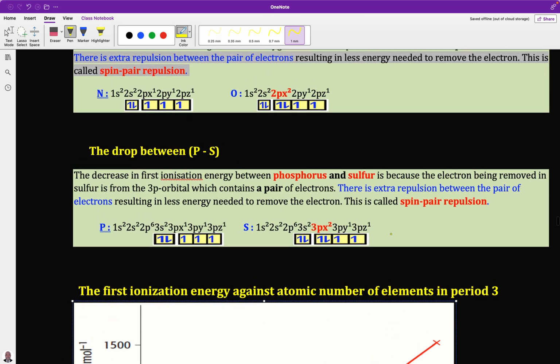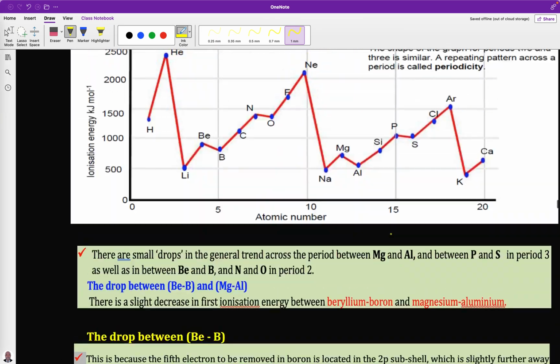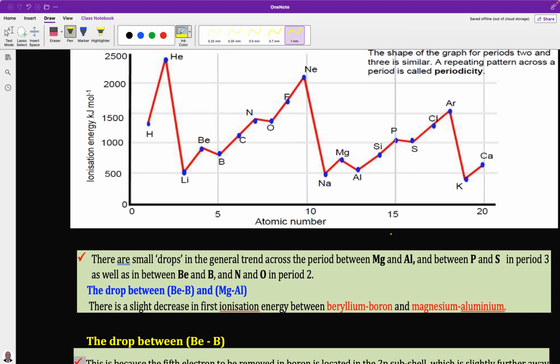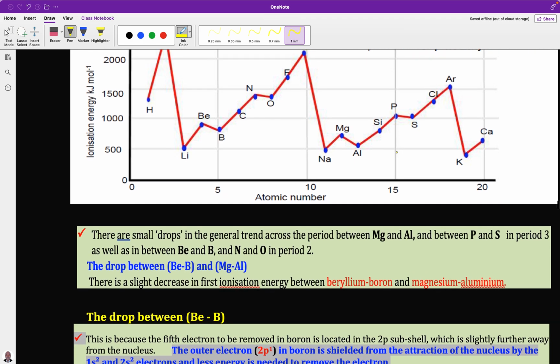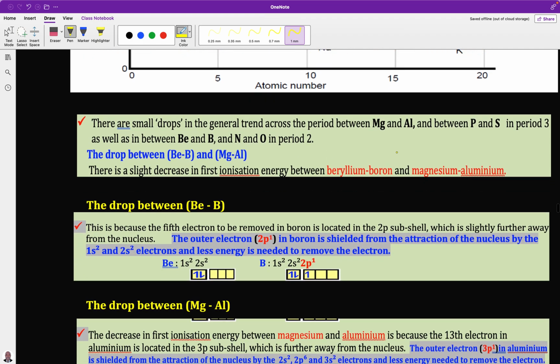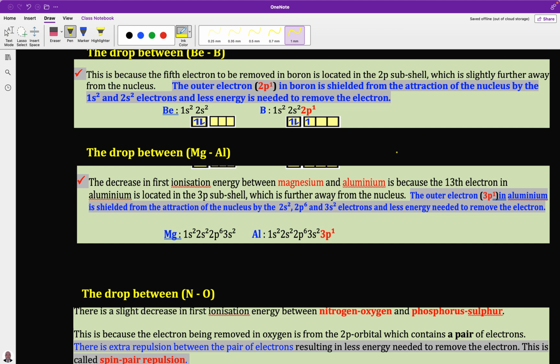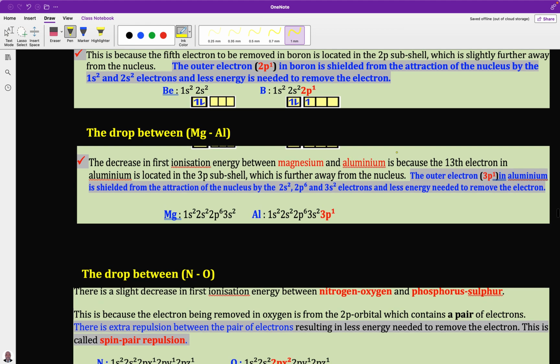Then, for the first ionization energy of elements, especially non-metals in period 3 or period 2, what you need to take into consideration is the spin pair repulsion.